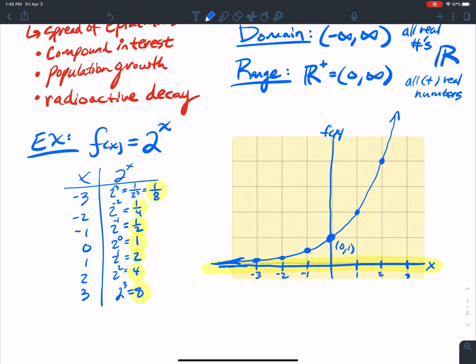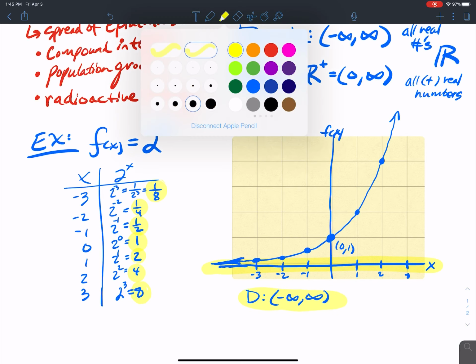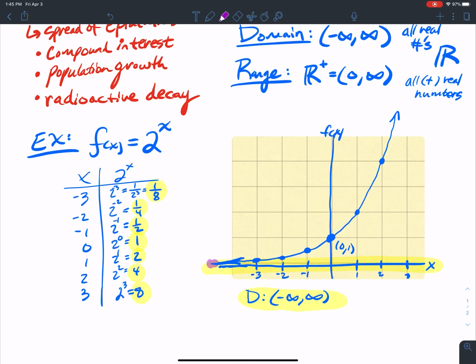Your domain is from negative infinity to infinity. The range, well, we never get to 0, but we get really close to 0, and then we go up. We're going up to positive infinity, right? So the range is from 0 to infinity here.